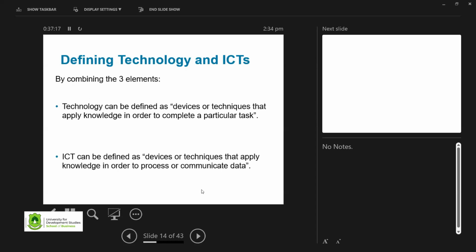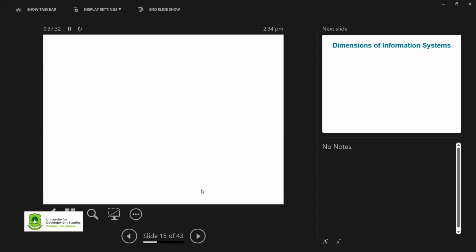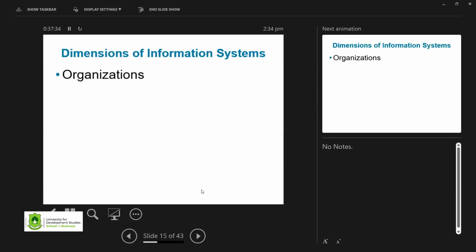It will help her do the task in a better, efficient way and increase productivity. But when you have increased your productivity and you are not able to communicate it, it ends there. Technology ends there. If you are able to use the technology to communicate what you have done, then we have ICT.